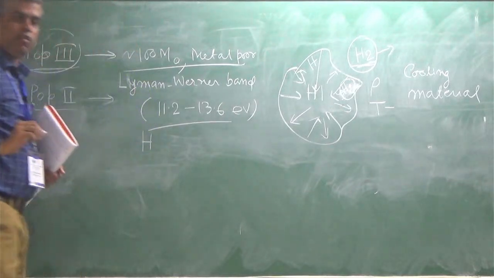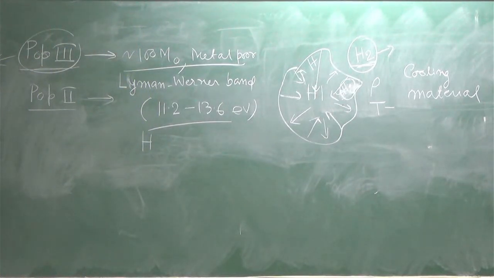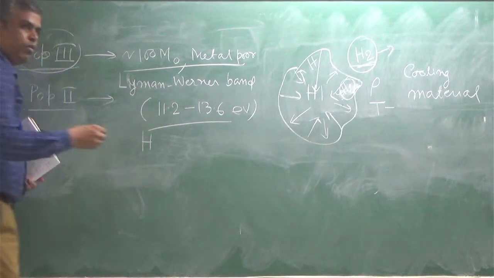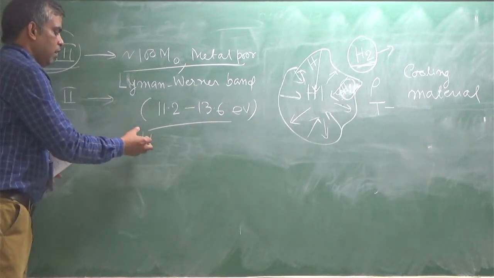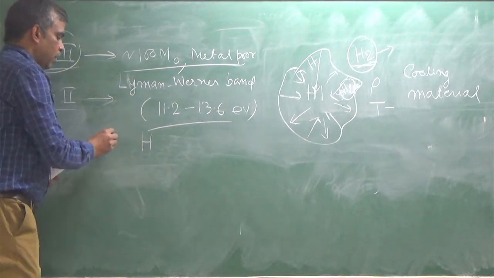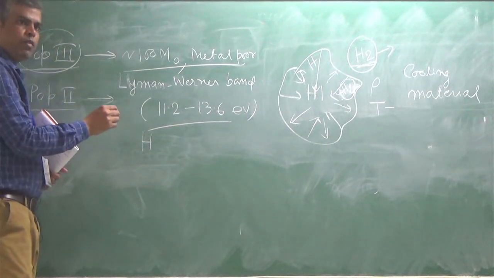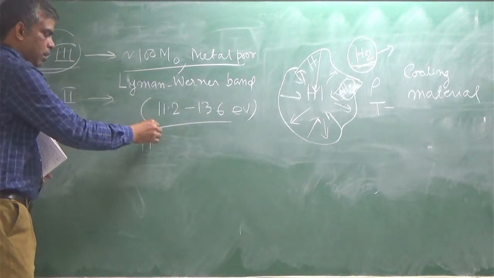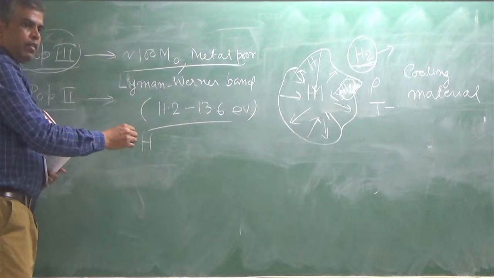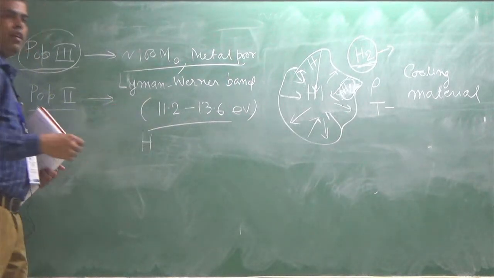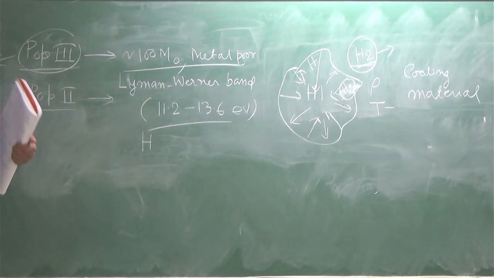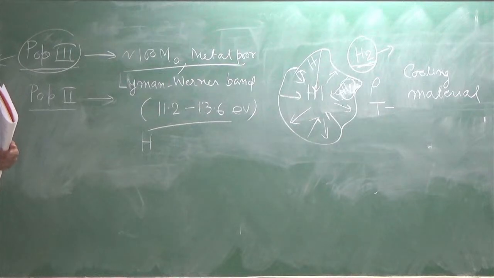We have hydrogen atoms, and a 13.6 electron volt photon or higher energy photon can ionize these atoms. In that way, you can take some very high energy photons out of the system and cool off the system.